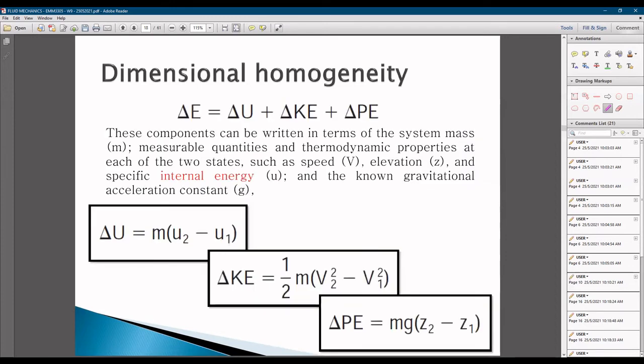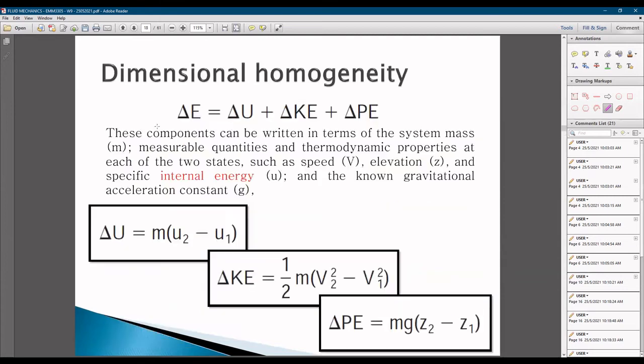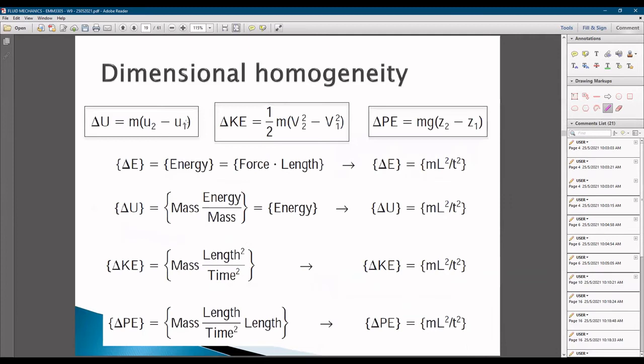Okay, these components can be written in terms of the system mass, where the internal energy U you can put like this, and the kinetic energy is like so, and the potential energy is like so. From there you can see that it is similar to what we have obtained just now. These three items here, we just rearrange in a row.